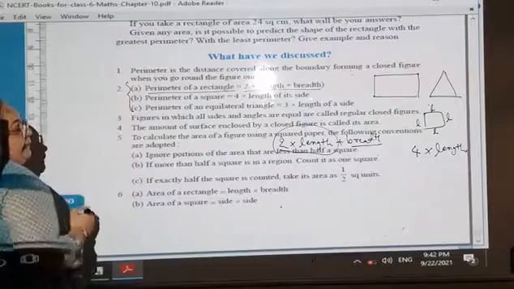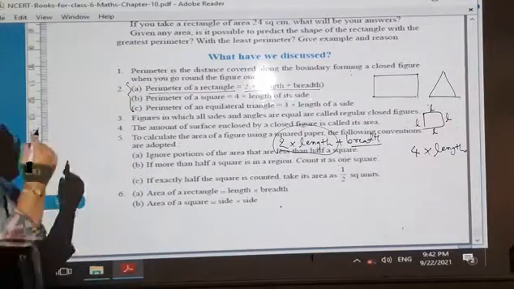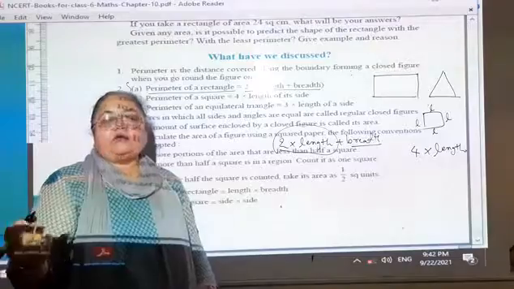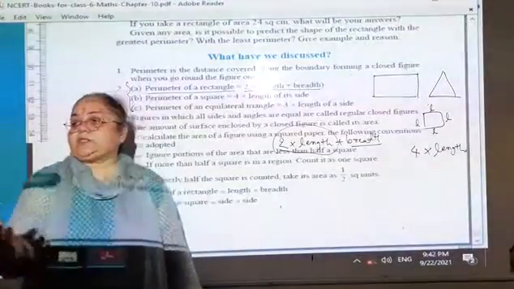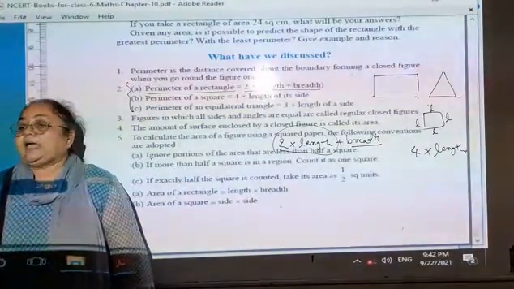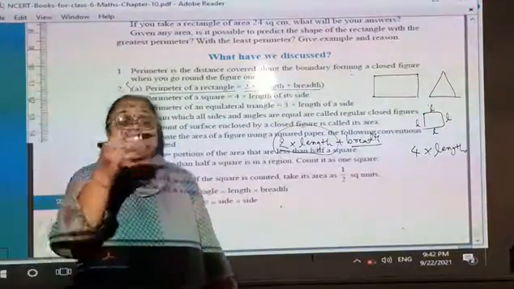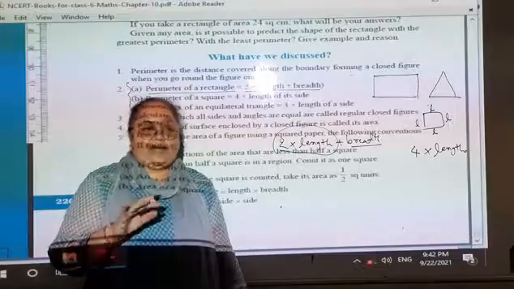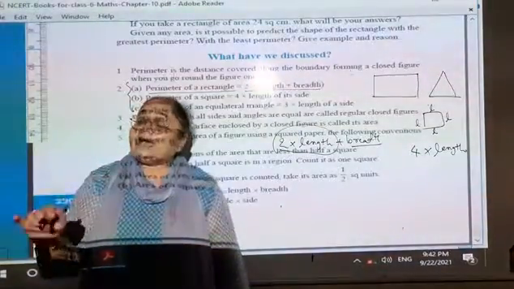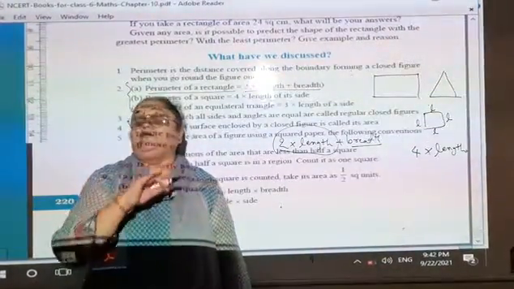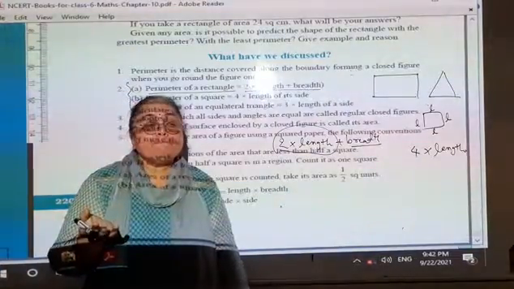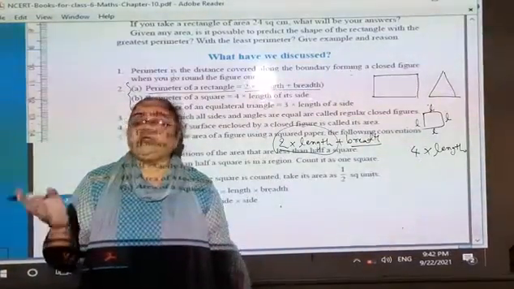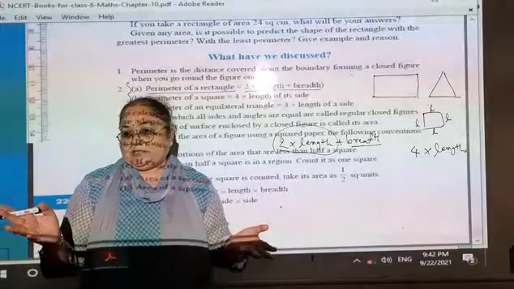Perimeter of irregular figures. Irregular figures means, as we just heard, isosceles and scalene triangles: the measures of sides are different. They are known as irregular figures. So to find the perimeter of an irregular figure, what to do? Sum of the measures of sides.